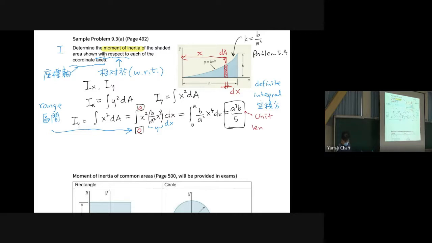Now that is linked to the power 1, 2, 3, 4, 5, 6. Which one? 4. Okay, because A is a length, B is also a length. So length to the power 3 times length is length to the power 4.